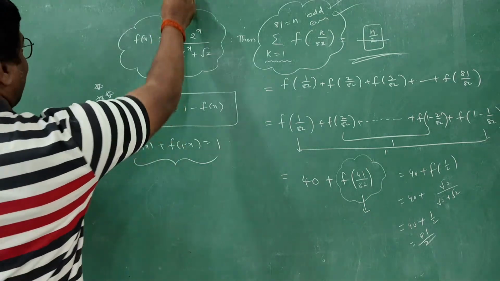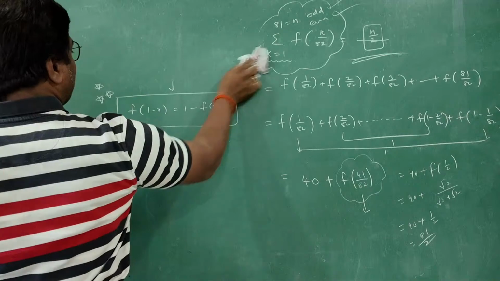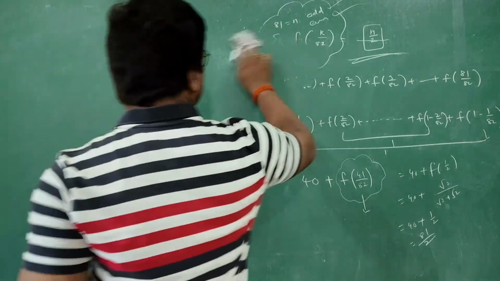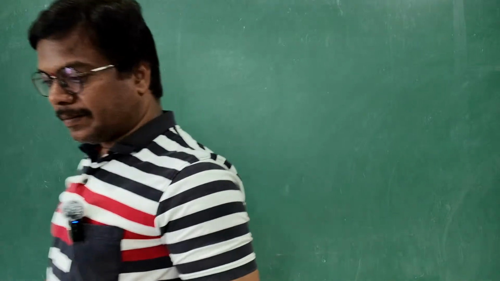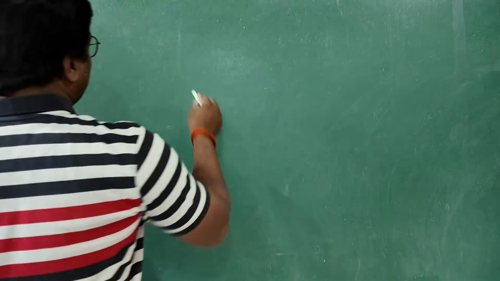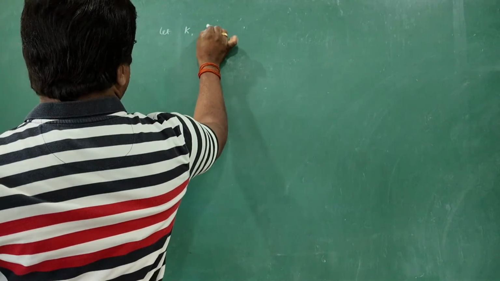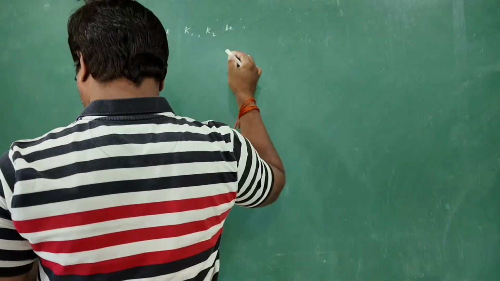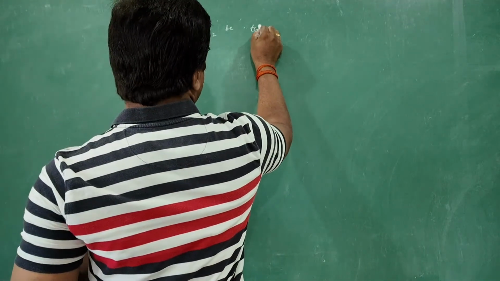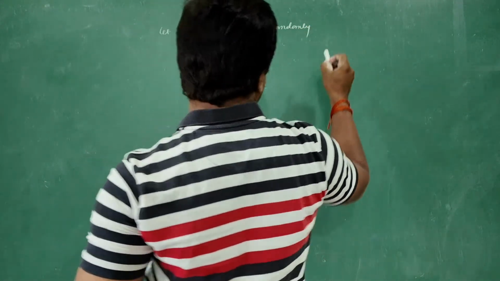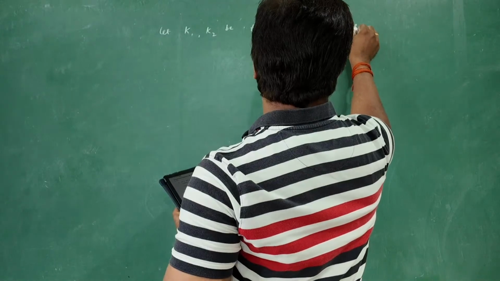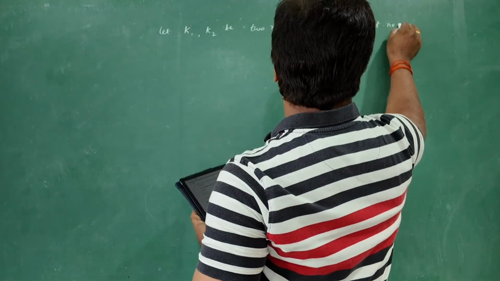Question from probability mixed with complex numbers. Let K1, K2 be two randomly selected natural numbers.